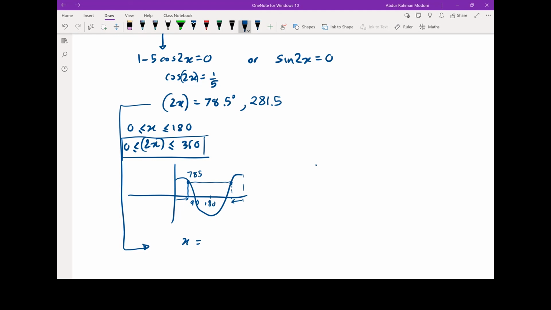The second solution is 281.5 divided by 2, and that gets us 140.75. So that's part of the solution, from the first equation.